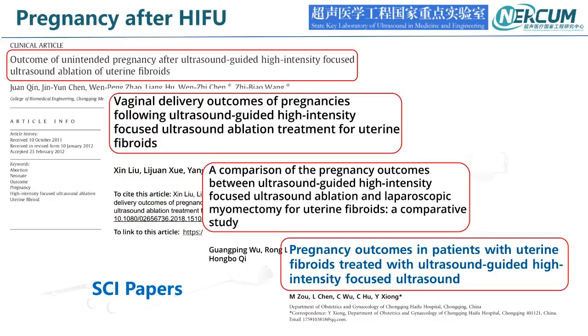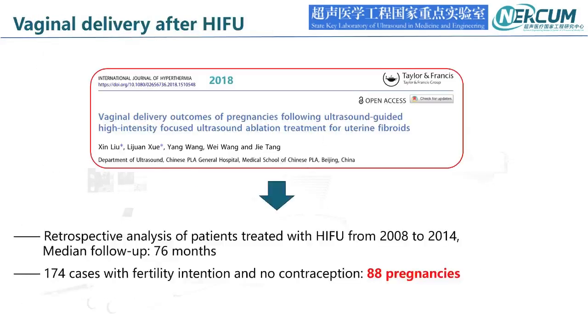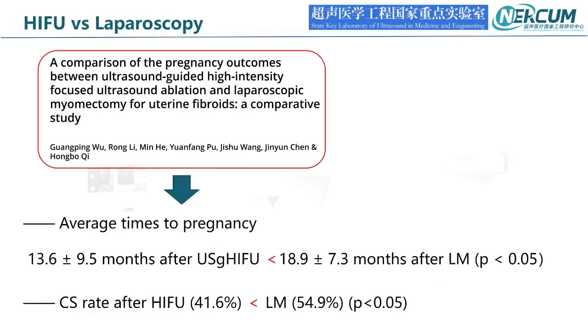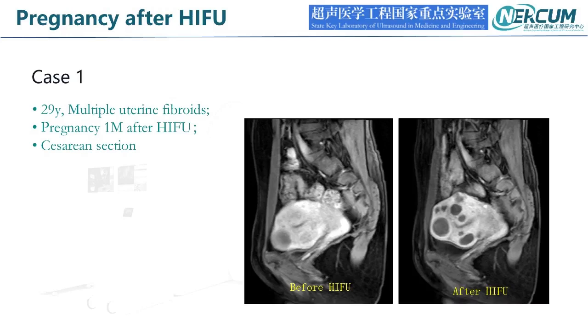So, whether a baby can be delivered via vagina after HIFU. We had a follow-up for those patients treated with HIFU from 2008 to 2014. We saw with a retrospective analysis that it is feasible and safe to have a vaginal delivery after HIFU.